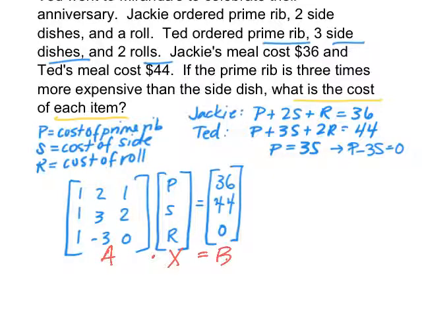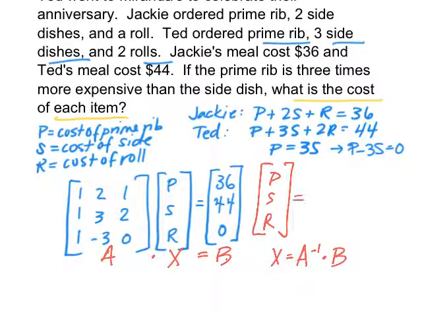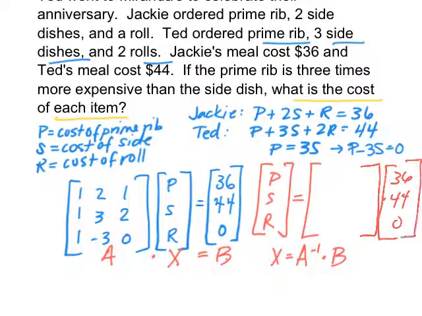And that can then be written as X equals the inverse of A times B. So the matrix P, S, R will equal the inverse of A times the B matrix, which is 36, 44, 0. Why don't you pause the video now, go find the inverse matrix, and then solve for P, S, and R by doing this multiplication. Pause the video now.